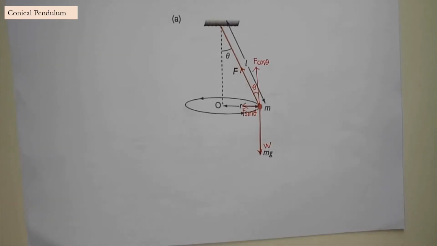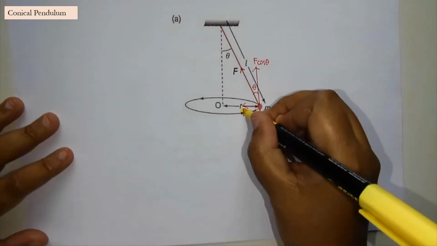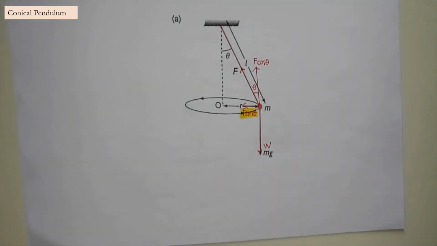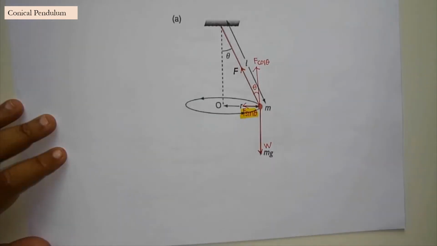There is only one resultant force to the center, which is F sin theta. The resultant force to the center is the centripetal force.